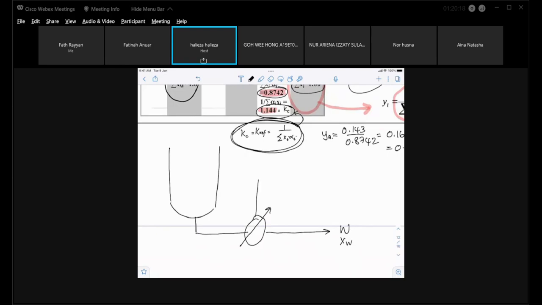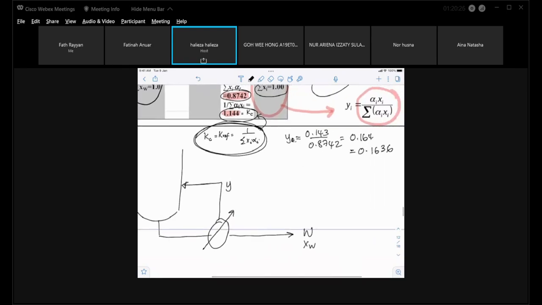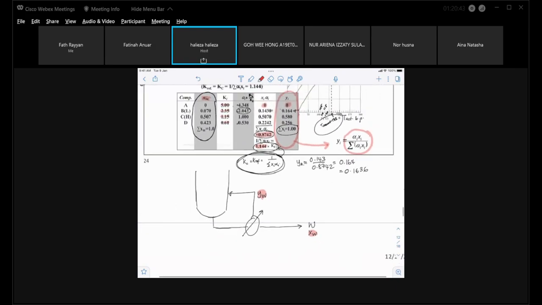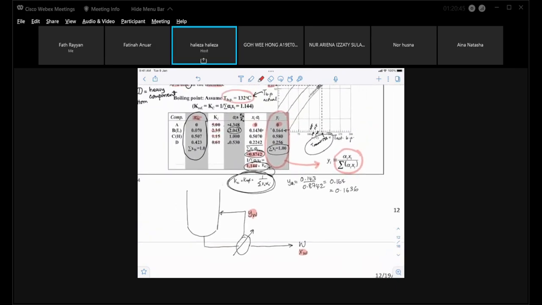And this is the vapor that is going to be boiled by the partial reboiler, and that will have the composition that is in equilibrium with the X. That is your, well, give it a subscript of Y. This vapor is in equilibrium with this bottom product. That's why it's important to get the composition of your Y. Any questions?